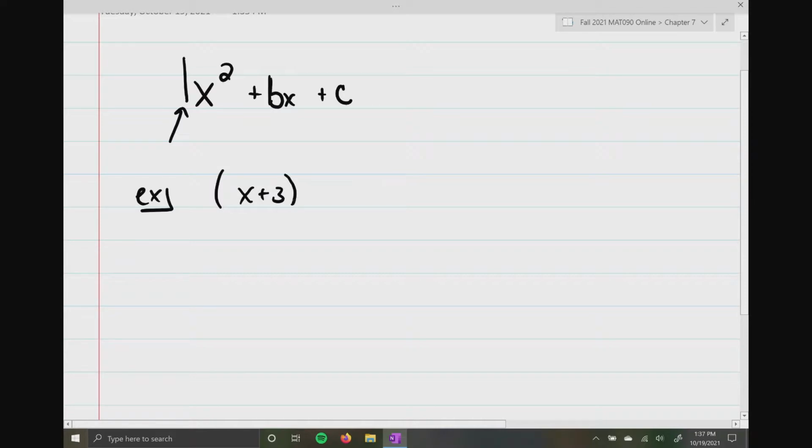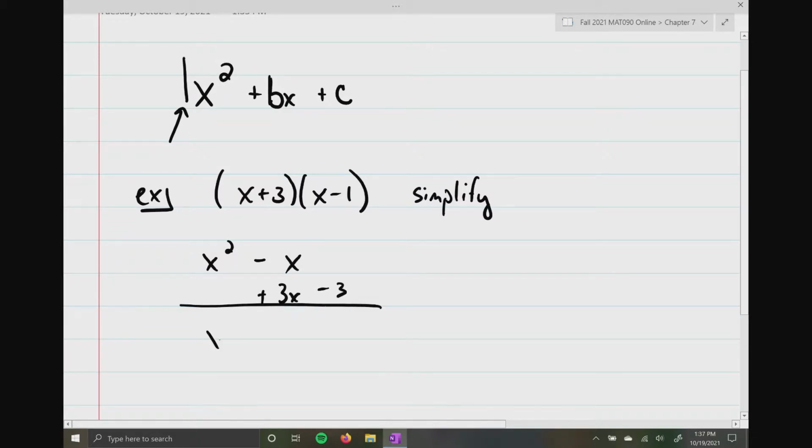If this is the problem and I said simplify, what I wanted you to do was distribute. So you'd get x squared minus x plus 3x minus 3, and you would arrive at the answer x squared plus 2x minus 3.